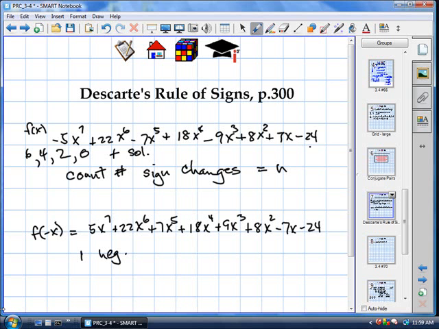In the equation at the top, or polynomial, why did you change it from x squared to 7x, because they're both positive signs? Why did you still count that as a sign change?